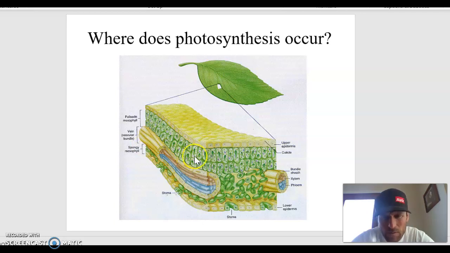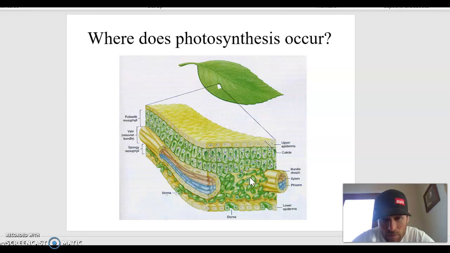And as we go deeper into the leaf tissue, we start to see some changes take place. Here we have the mesophyll. We have veins which go into the leaf to transport materials, primarily water. And then deep inside the leaf is where we have all of these chloroplasts here. Lots and lots of chloroplasts.